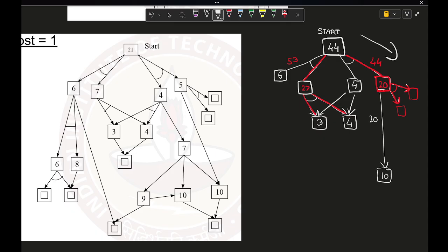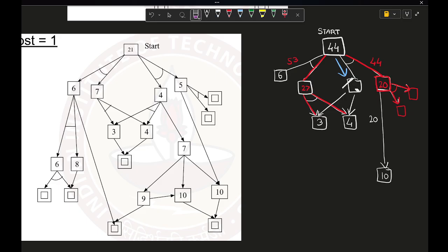Okay, so what we do here is that now this 4, this node that we are talking about, I should make the arrow here, that this thing that we are talking about leads to 2 different nodes of cost 3 and cost 4. So here the cost becomes 3 plus 4, 7, and this becomes 27.